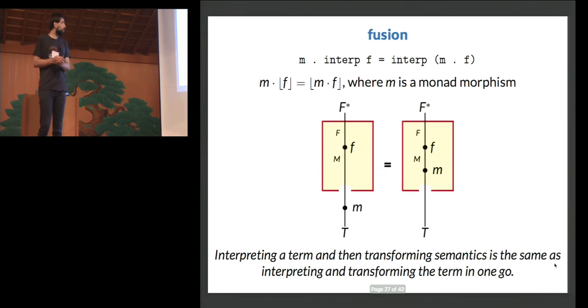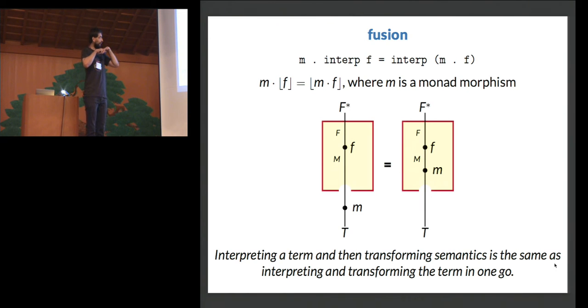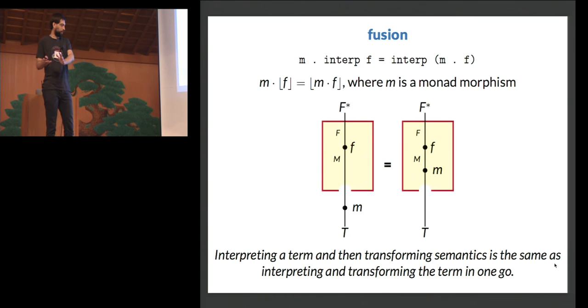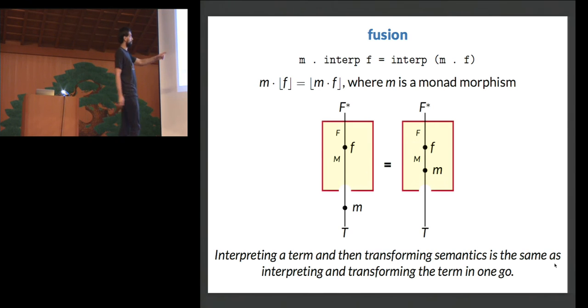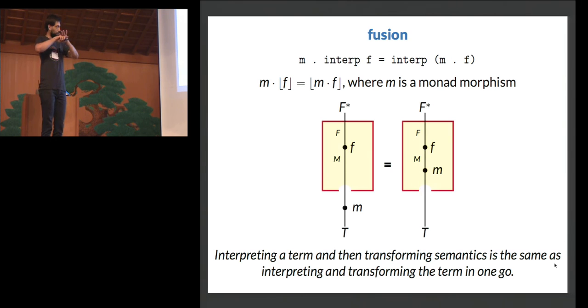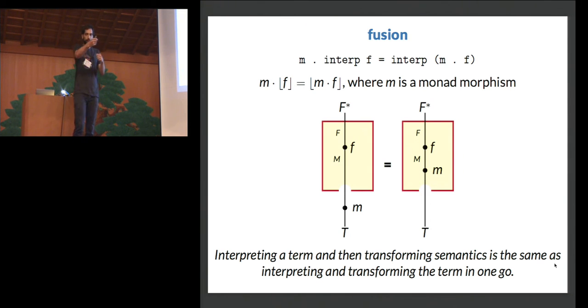And the third law, which was fusion, which is a more complicated one, says that whenever we interpret something in one domain and then we transfer that into another domain, so because monads are our domains, we use monad morphisms to translate between them, then we can first interpret the whole term and then translate it into a new domain, or we can translate every time we interpret an operation.